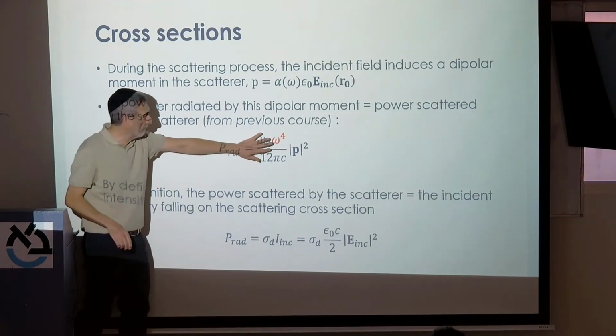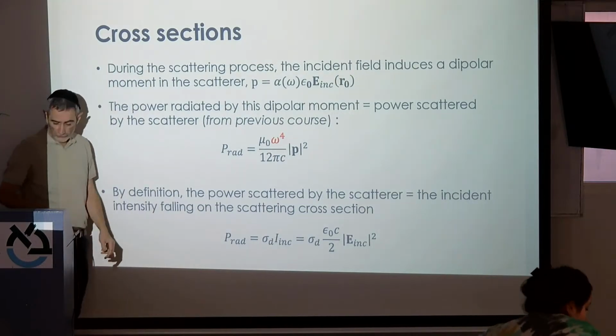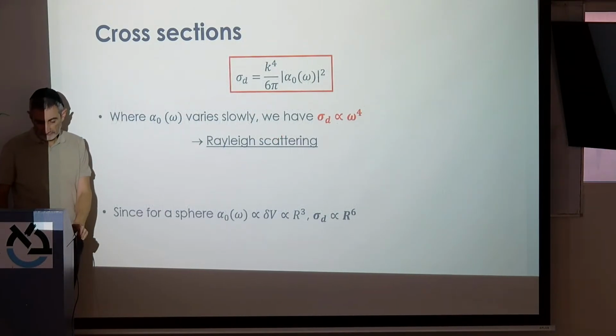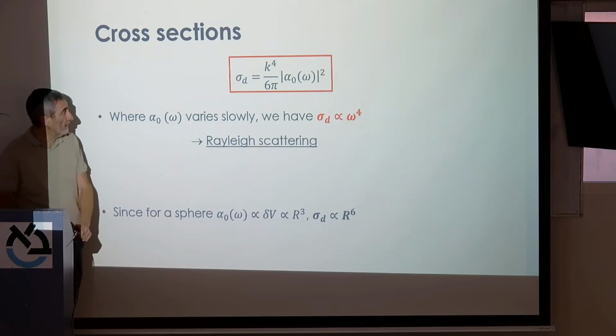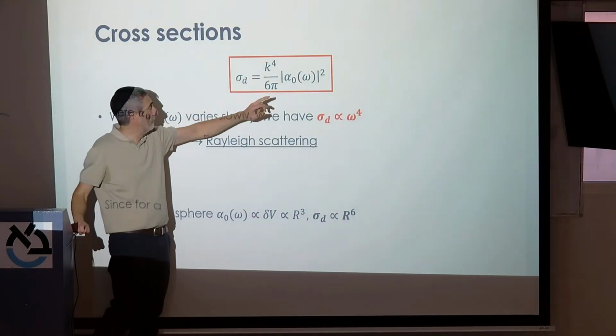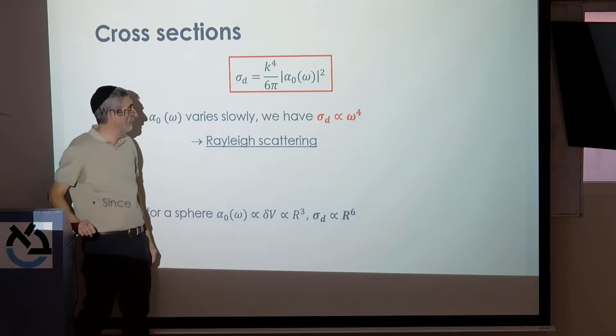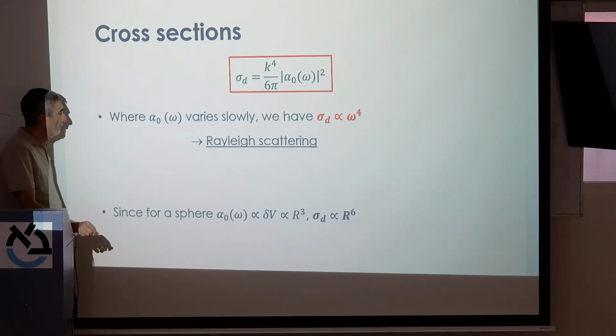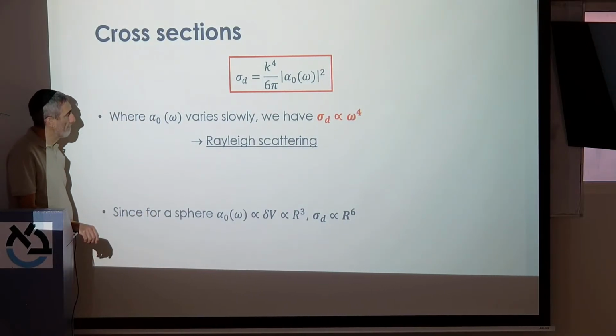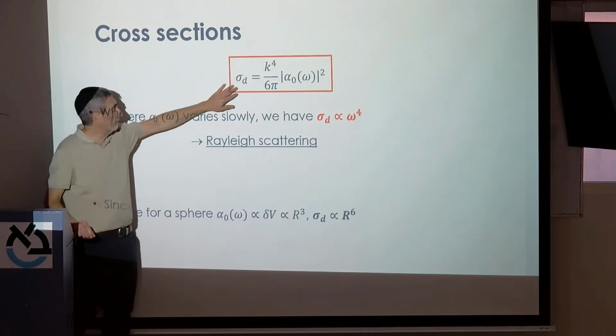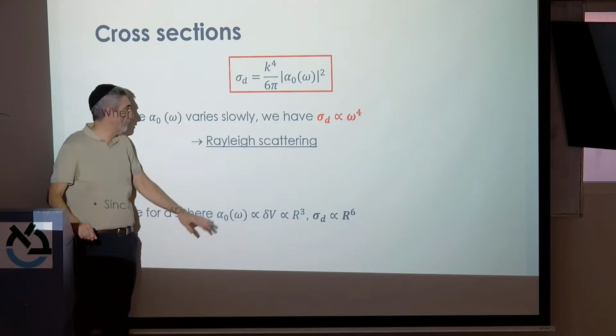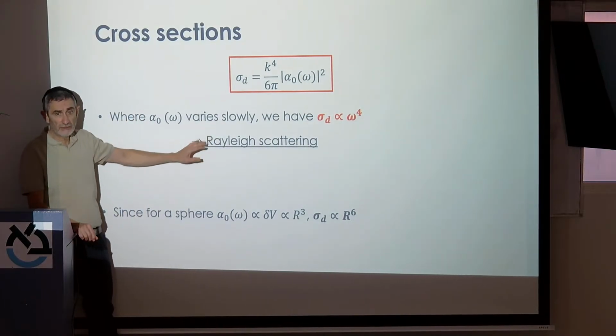We have everything now. You find that the scattering cross section is given by k to the power 4 over 6 pi times alpha 0 of omega squared. So sigma is proportional to omega to the power 4. This is Rayleigh scattering, which I mentioned last time.